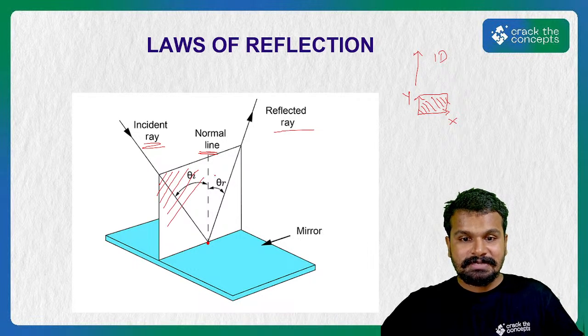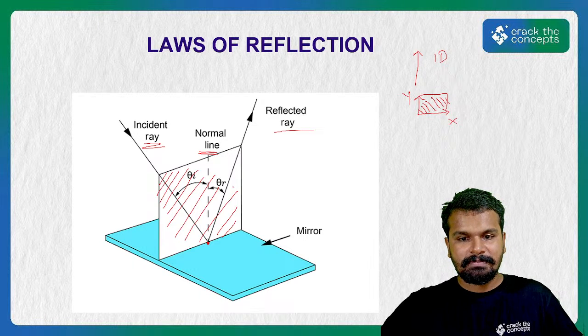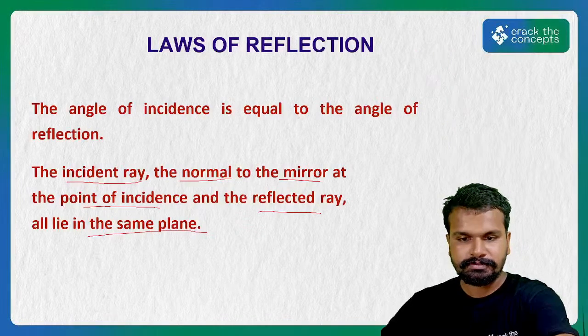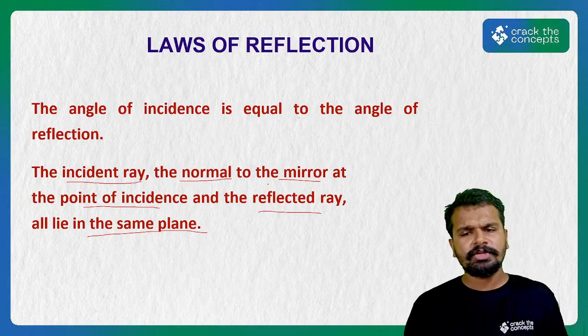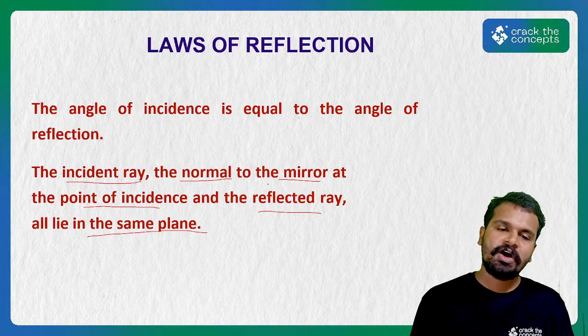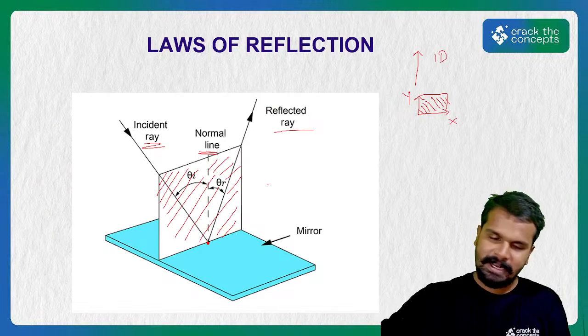This is the plane, this is that particular sheet of paper. Understood, right? The incident ray, the normal to the mirror at the point of incidence, and the reflected ray all lie in the same plane.